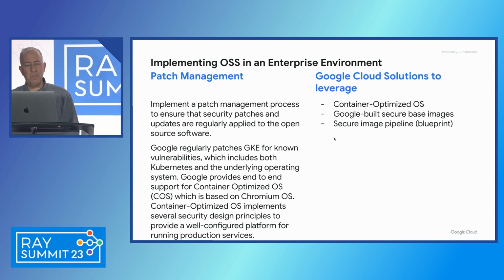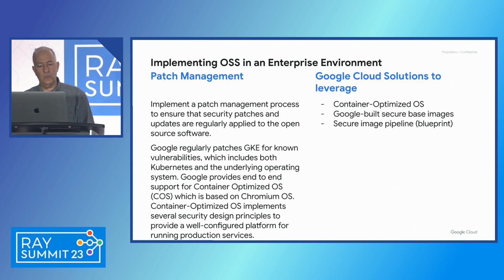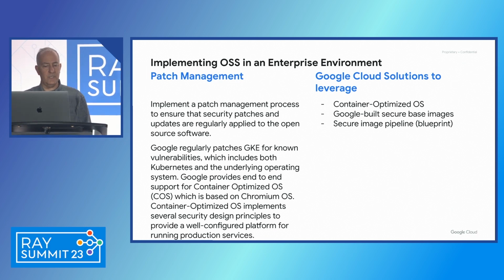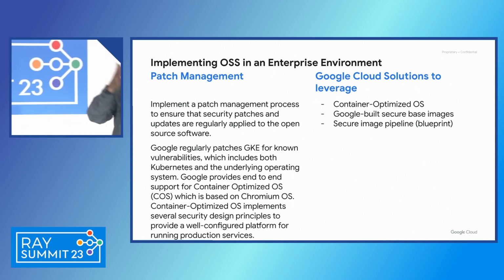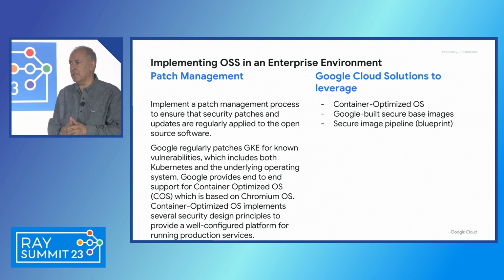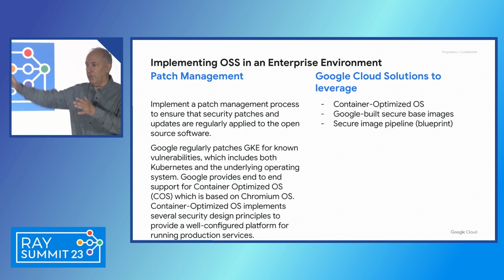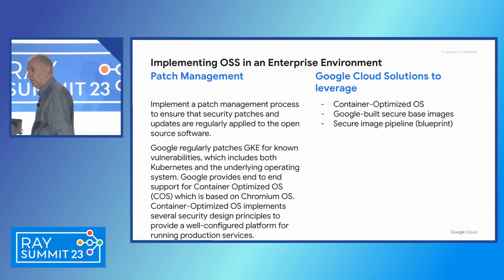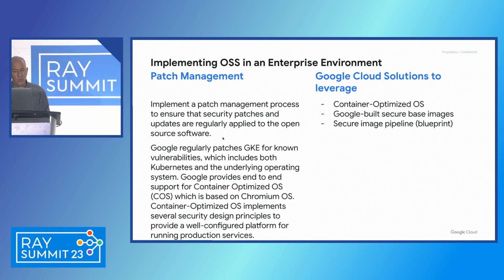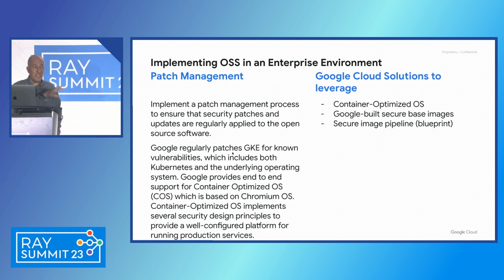The next thing is patch management. You need to implement a patch management process because a lot of these security patches are not there yet. Next month, one is going to come up. The next week, another security patch comes up. Some vulnerability is detected. You've got to keep these patches up to date. Google regularly patches GKE for known vulnerabilities.